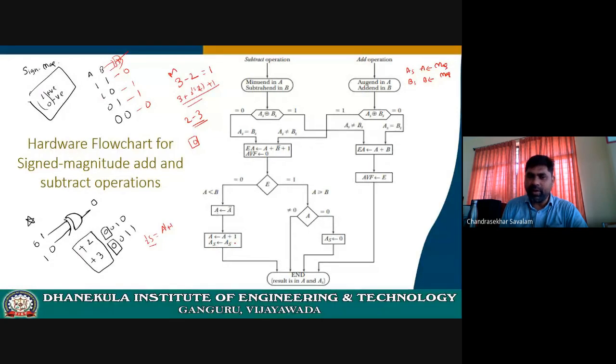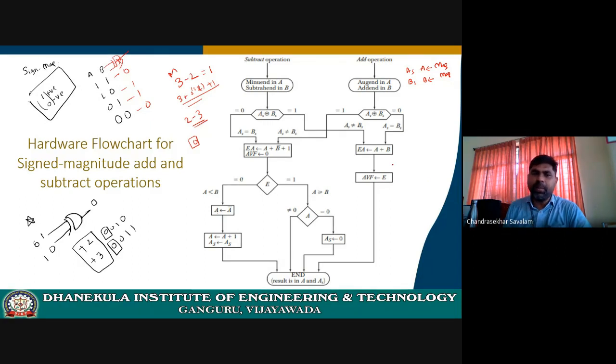AS is actually loaded by 1. So here AS is loaded by 1 and A is taking the 2's complement of A. So A is having the 2's complement of A. Now the result should be minus of 2's complement of A. So after doing this, the results are stored in A and AS, whether it is a negative number or a positive number in the subtraction case, whereas in addition you are getting magnitude and sign.